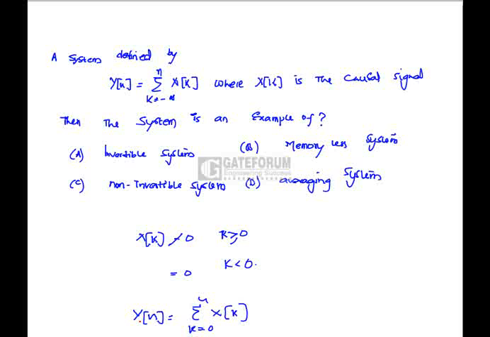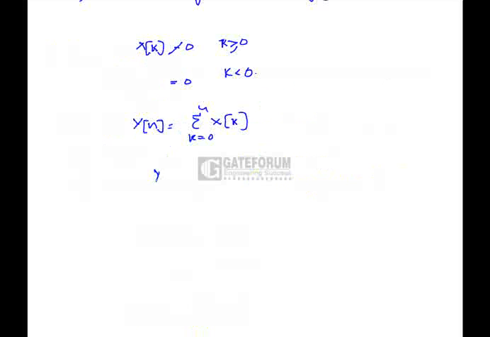Coming to invertibility, we can write y(n) as the convolution of x(n) and u(n), yes or no? So the z transform of y(n) is nothing but X(z) times 1/(1 minus z inverse).